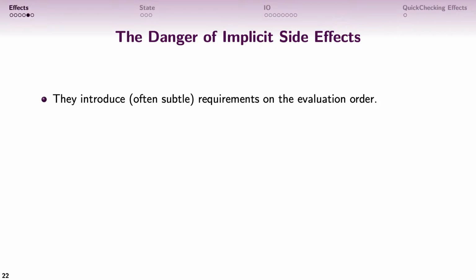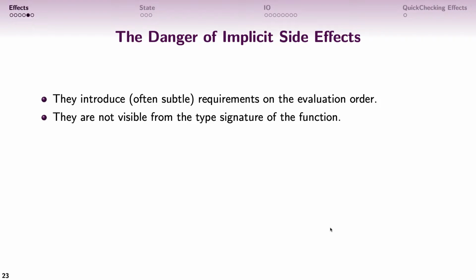It doesn't matter which order you do it to get the right result, it will just pick one that's relatively efficient. But if you have effects, suddenly the order in which you do things actually changes the results you get. So Haskell is no longer free to, for example, rearrange all of our computations to be the most efficient. So this requirement on evaluation order drastically limits the expressivity of our reasoning.